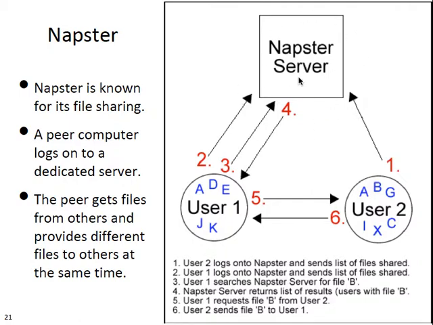So you can see the server only deals with matching them, to tell them. So the server is not involved in actually the file sharing. So this is, I guess, how Napster can get into that gray area, whether it is legal or not legal. Okay, so sometimes I think they have some lawsuit.